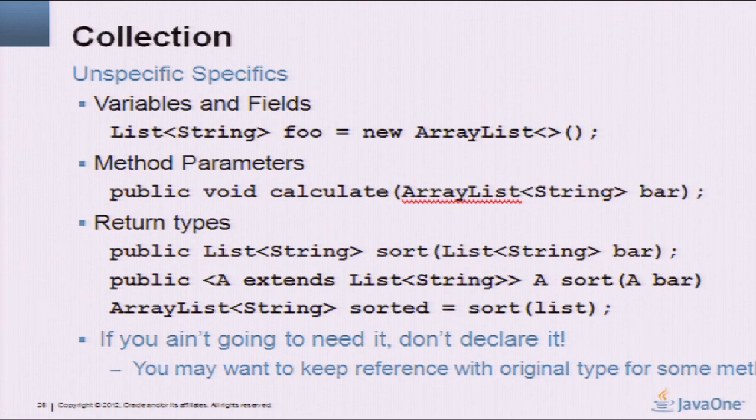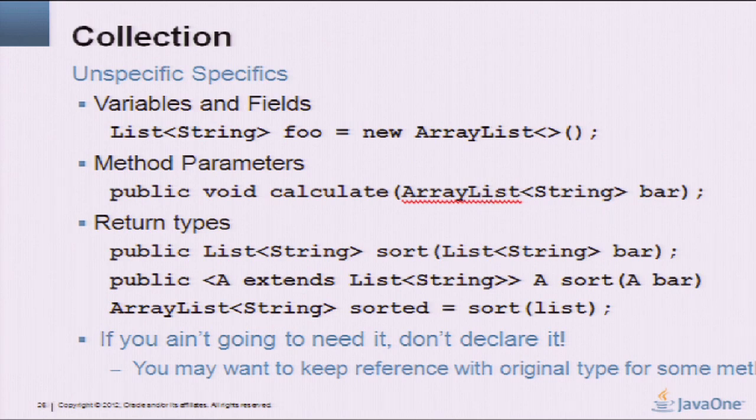One interesting trick that I discovered over the last couple of years is that if you define an interface like this where you have some method taking a type and returning a type, this looks pretty straightforward. I've avoided this problem of array list where I'm not specifying a particular type.